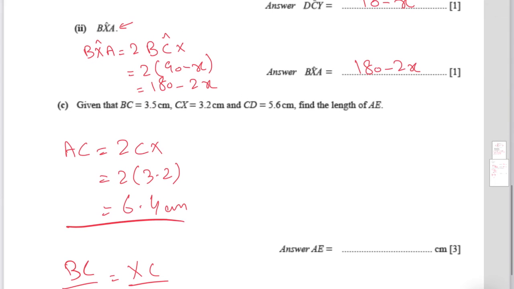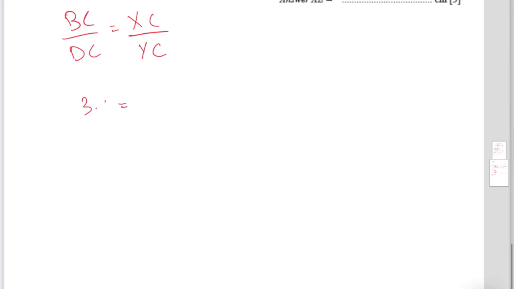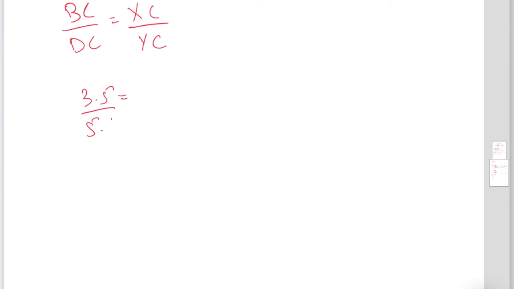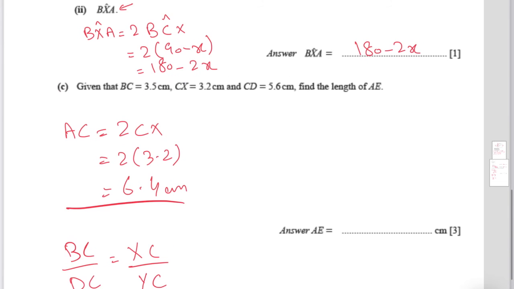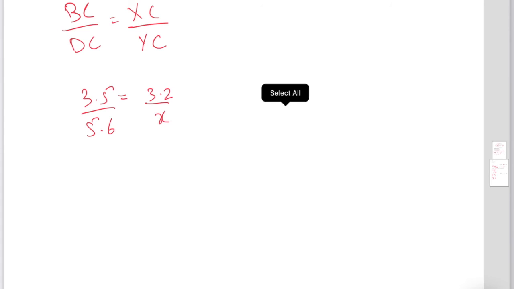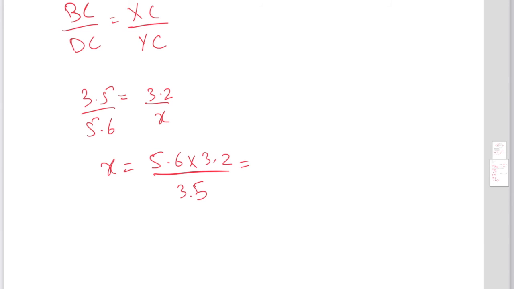BC was 3.5, and DC was 5.6, and XC was 3.2. Let's say that CY is x. So let's cross multiply. x is equal to 5.6 times 3.2 divided by 3.5.